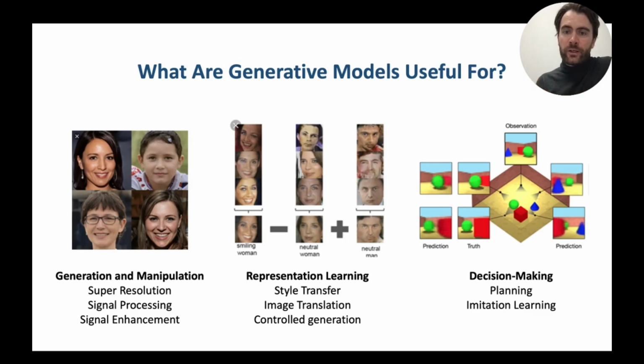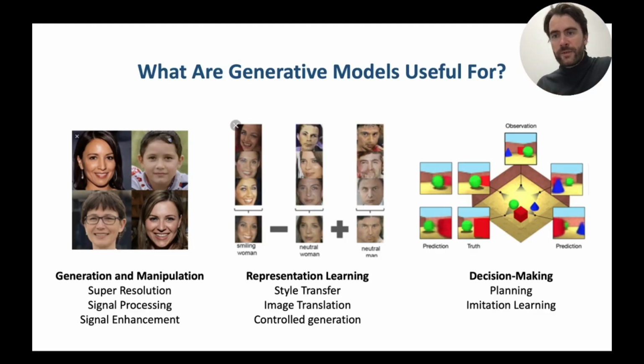The other bucket I want to highlight is anything that has to do with representation learning. Representation learning can be useful for learning how to manipulate images. It can be used to learn useful knobs that we can turn to explore the space of data that we are working with. But even more importantly, representation learning is a type of unsupervised learning that allows us to discover something new about the data by inspecting the learned representations and looking for patterns.